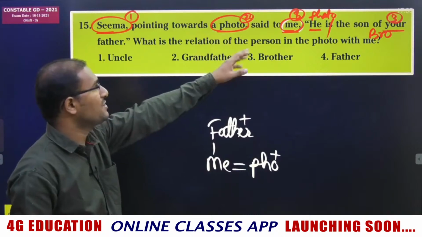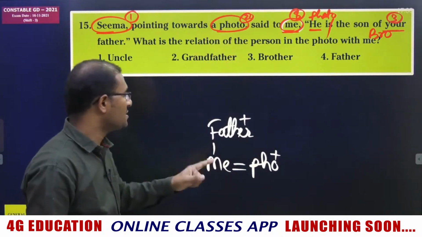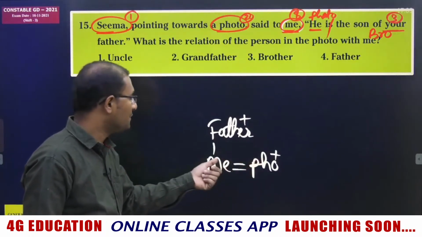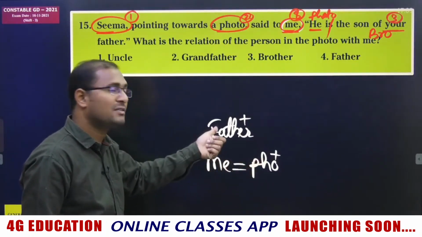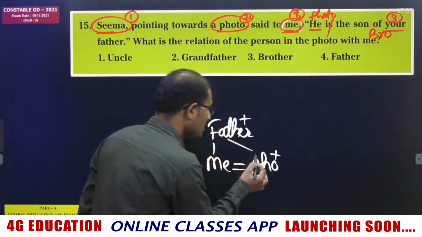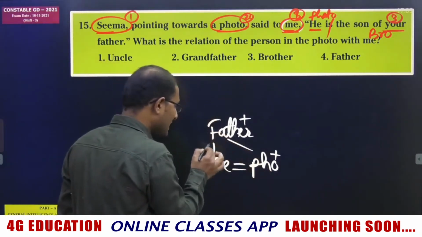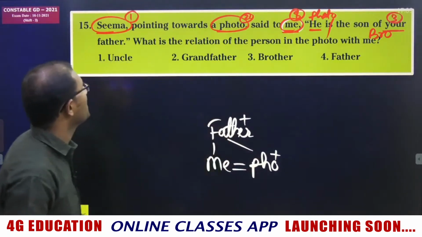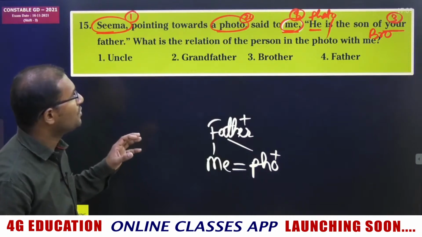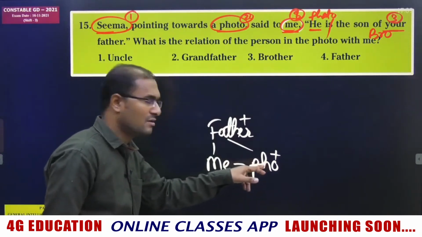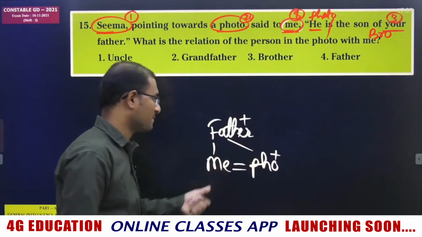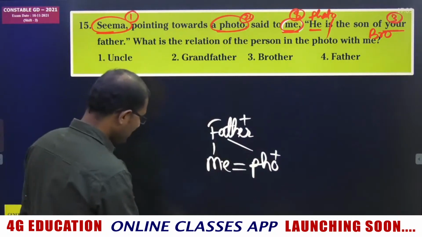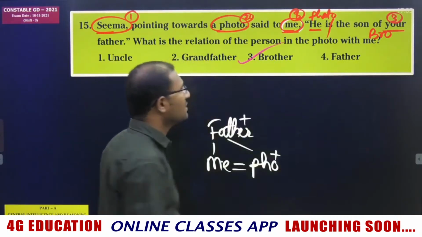See the information given in the inverted commas. He, the person in the photo, is the son of your father. It means this person is the son of this person, as well as this person is the child of this person. Now what is the question here? What is the relation of the person in the photo with me? That means with this person. This person is the brother of this person. It means simply the relation is brother.